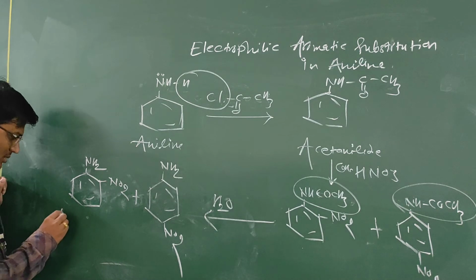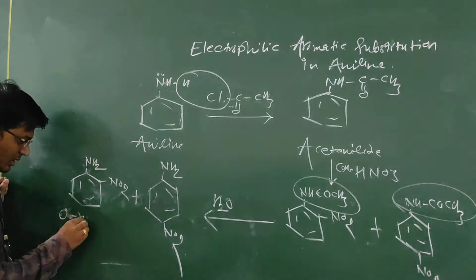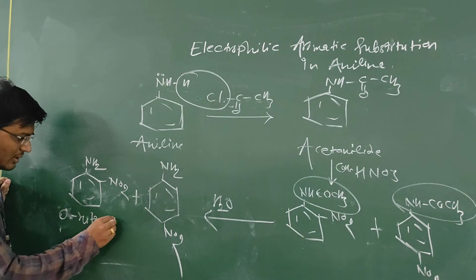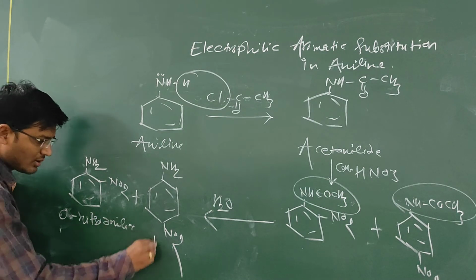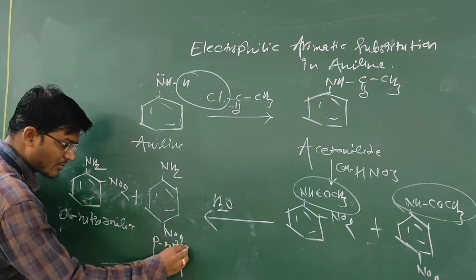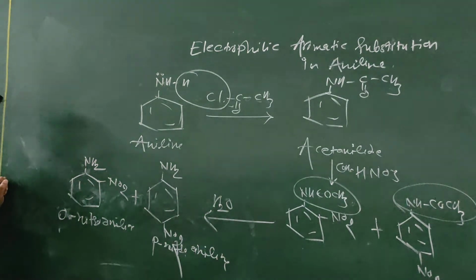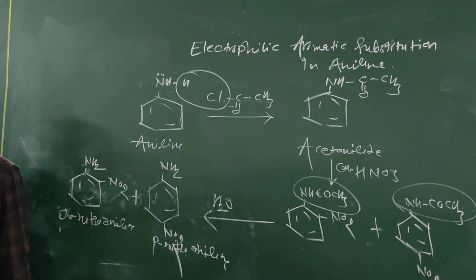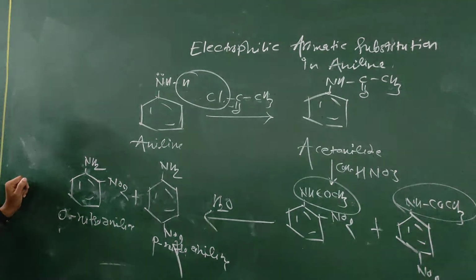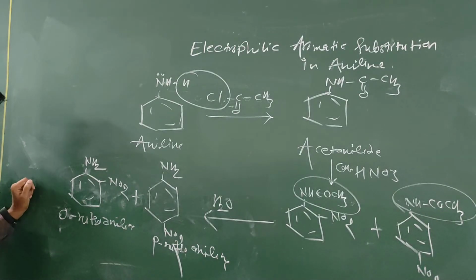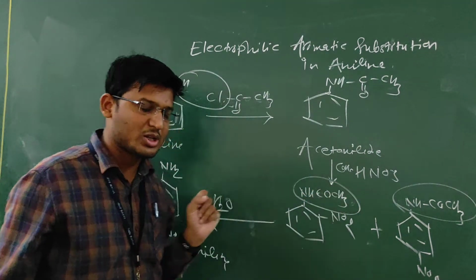This is the ortho-nitroaniline, and this is the para-nitroaniline. Now our question is, which is the major product? I think para-nitroaniline is the major product, because in the reaction some concentrated HNO3 is present.